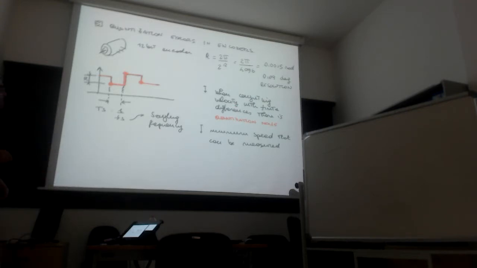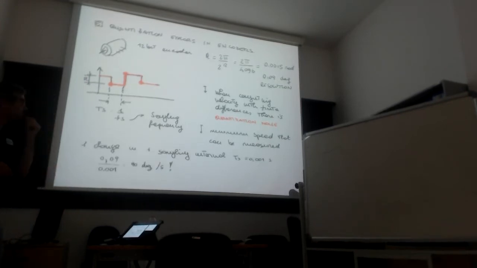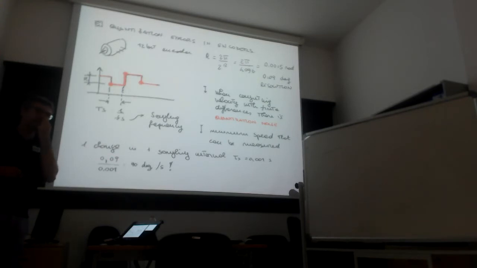In addition, there is a minimum speed that you can measure, and not many people are aware of this. Let's say that to discriminate the lowest speed, you need to see at least one change of count. This means in the case of our 12-bit encoder, 0.09 degrees divided by the sampling interval, which is 1 millisecond, let's say.